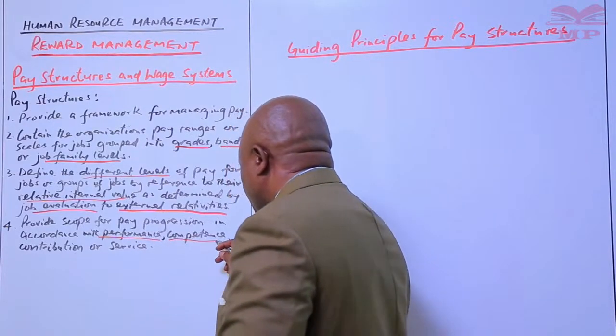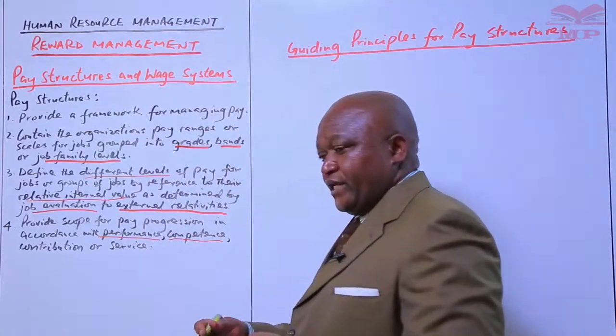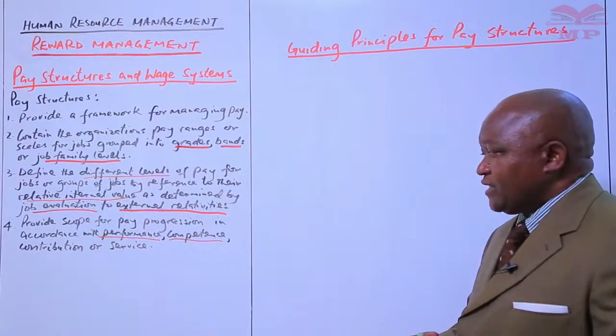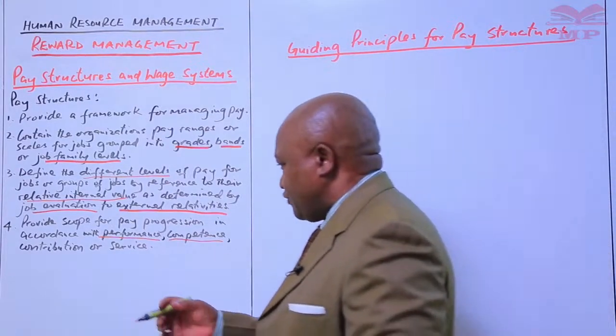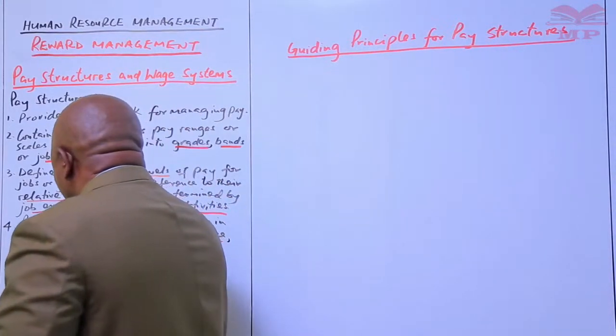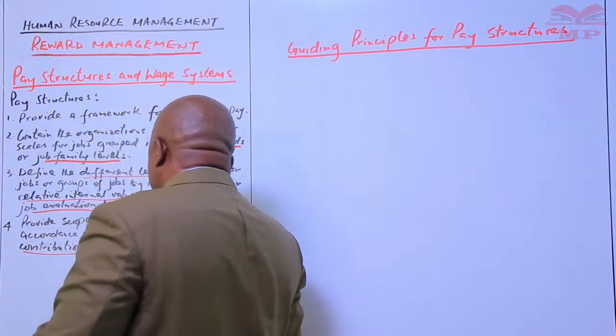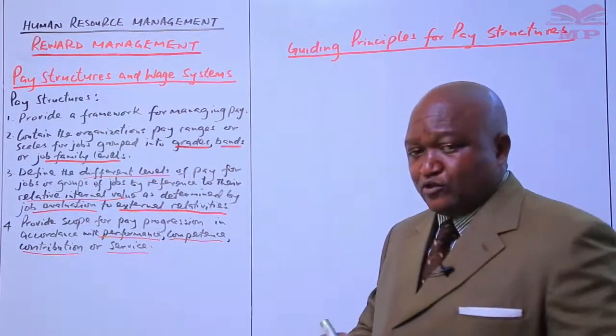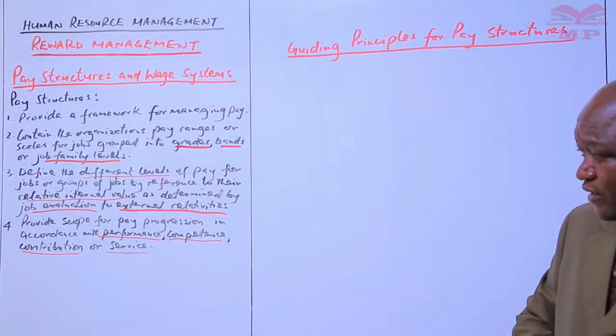One of the employees might, for example, have gone through training, has gotten on-the-job experience, and is contributing more, and has made 5 or 6 years of service to that particular organization.